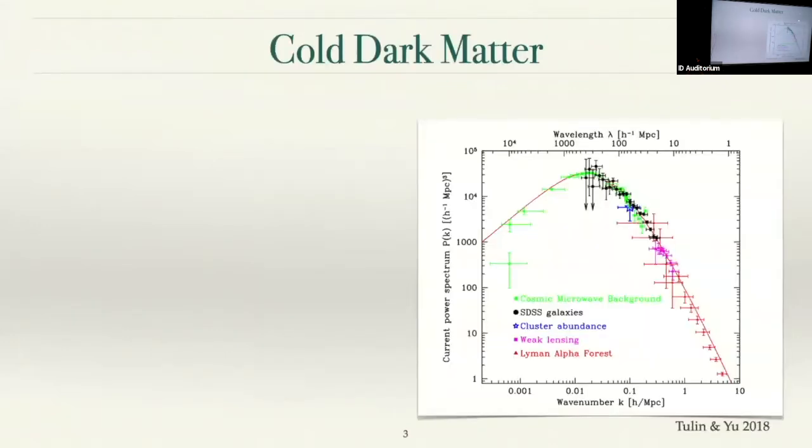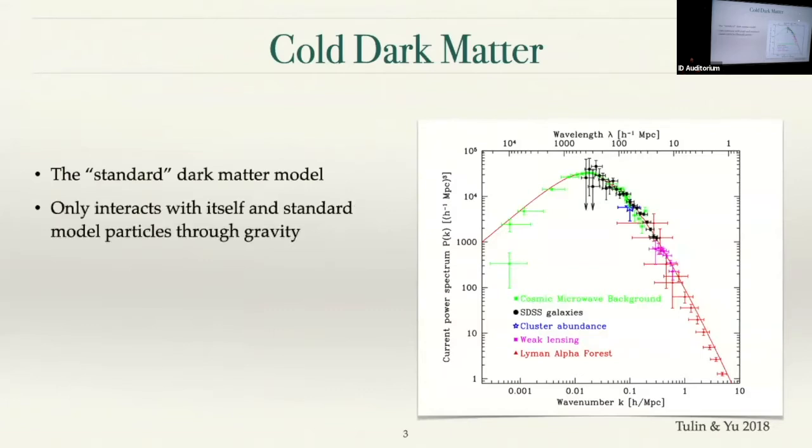First, I'm just going to start by introducing cold dark matter, which in the astrophysical community is largely considered to be the standard dark matter model. This cold dark matter only interacts with itself and standard model particles through gravity, and it does a really good job on large scales, so scales above about a megaparsec, and that's what I'm showing here on the right-hand side.